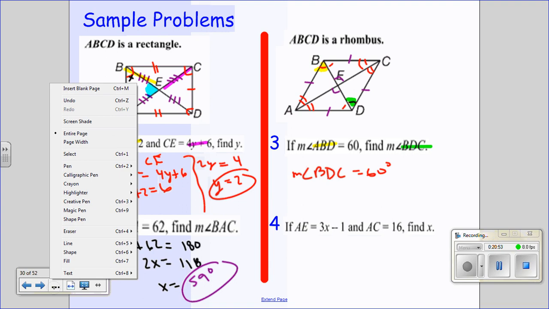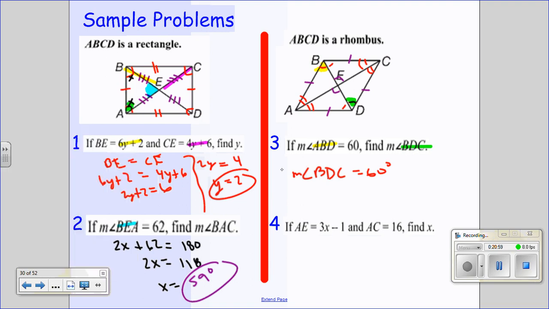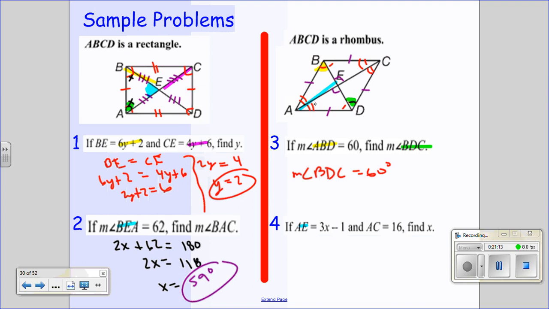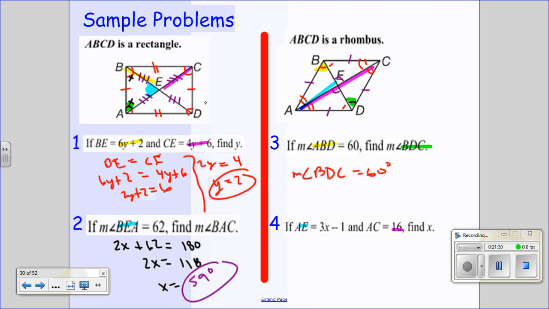Next thing I'm looking at are AE and AC. AE is right here, and then AC is the whole diagonal. It's 16. So we know that the diagonal is split into two parts, right? And this part is 3x minus 1.